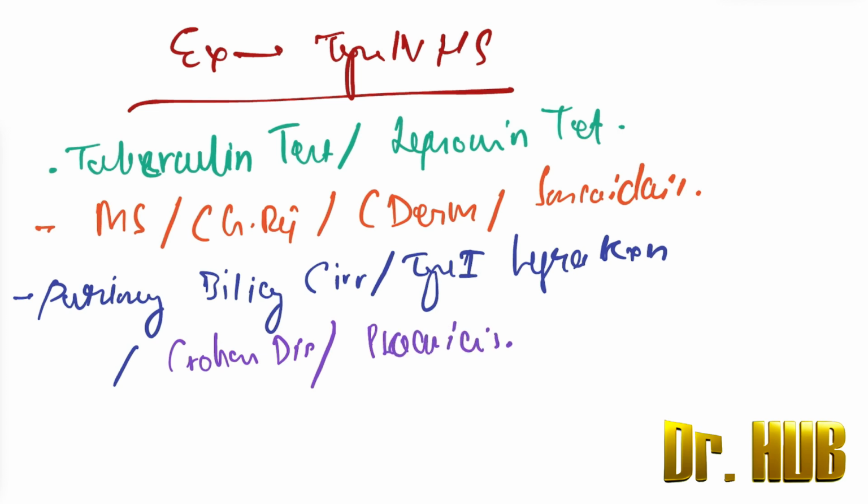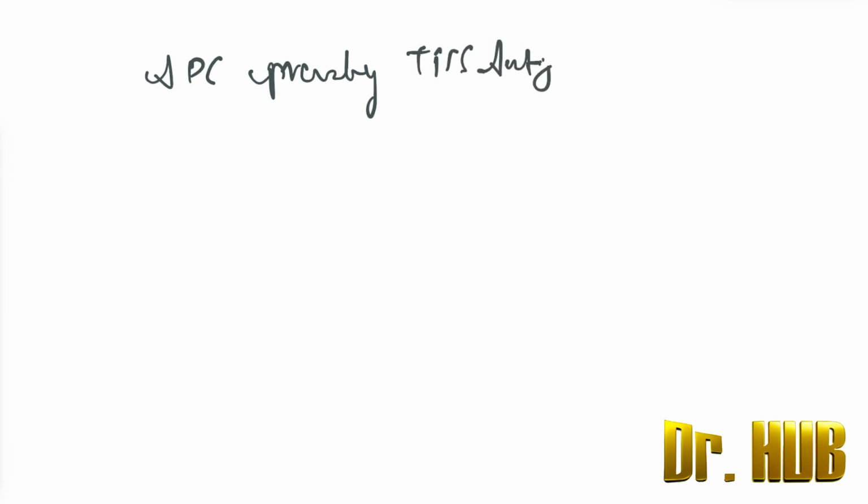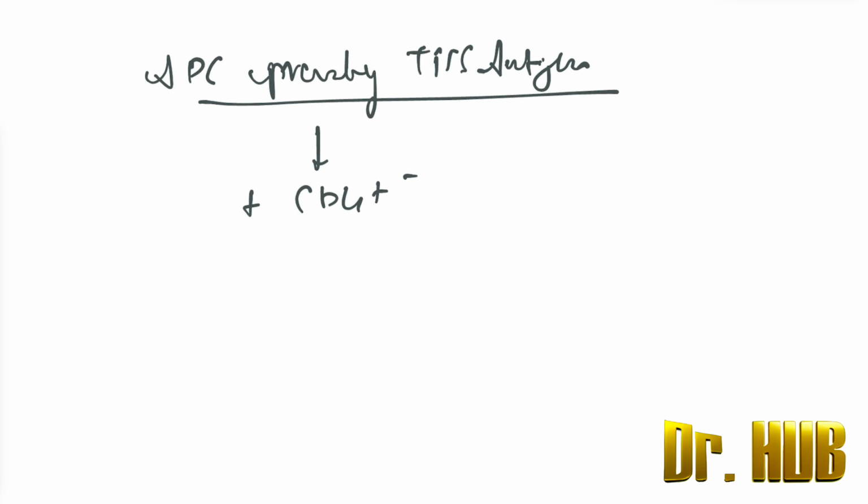Now let's look at the mechanism, how it's working. So first there is an APC presenting tissue antigen. It is binding to the CD4 T cells, along with the presence of the CD8 T cells.